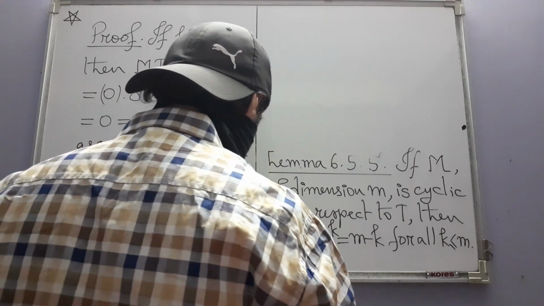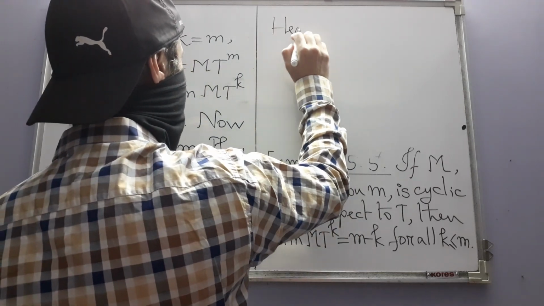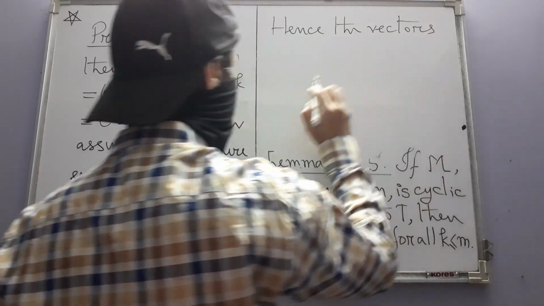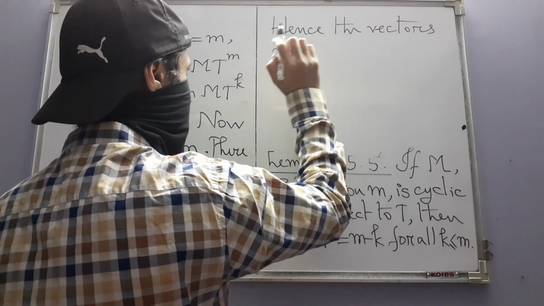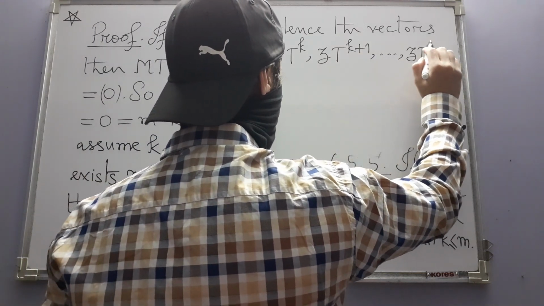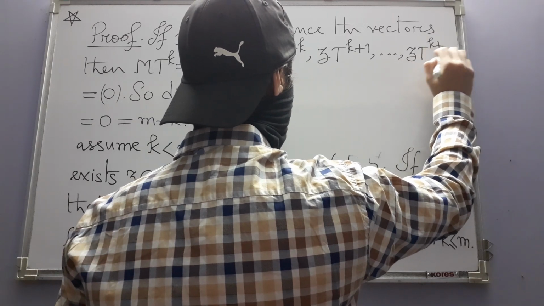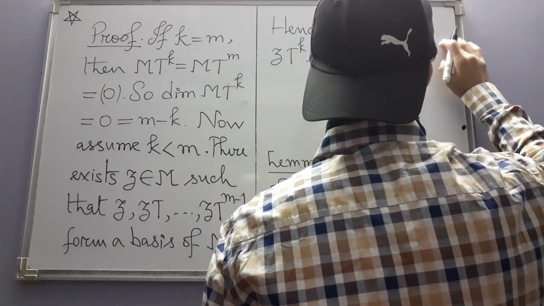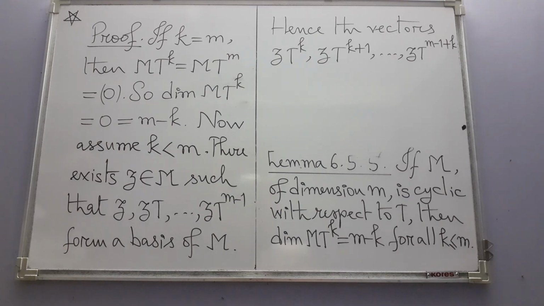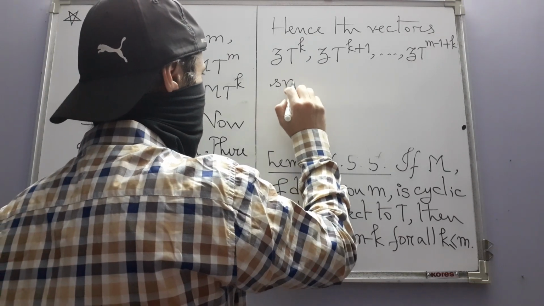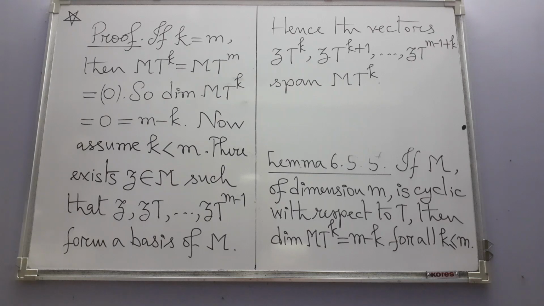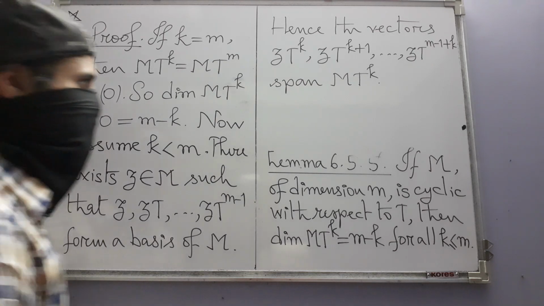Hence, the vectors z T to the power k, up to z T to the power m minus 1 plus k, or perhaps I should first write m minus 1 and then add k to that, these vectors span M T to the power k. Do you see how? It's very easy, but still let's see the details.